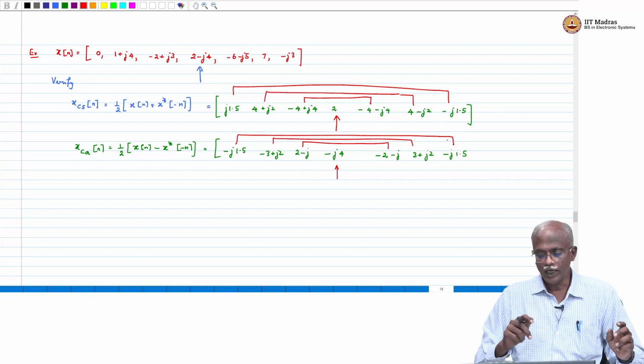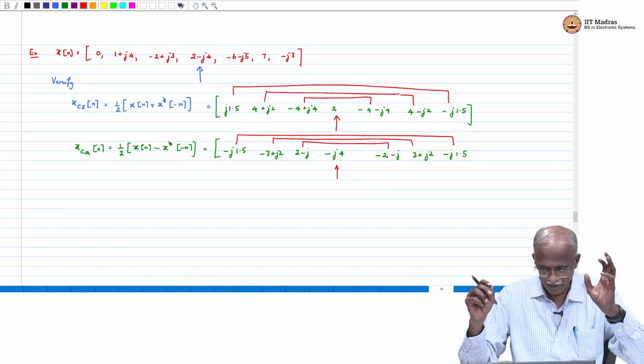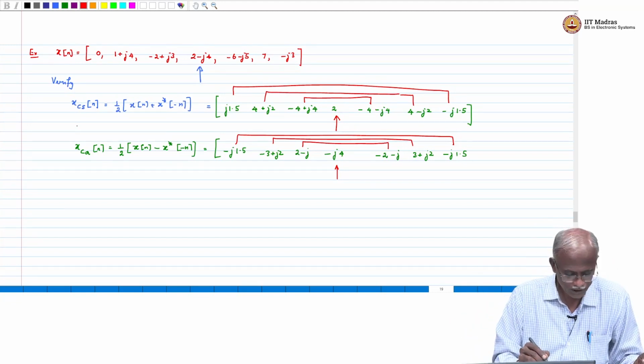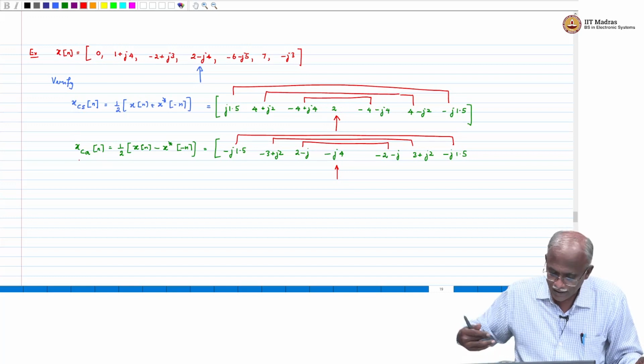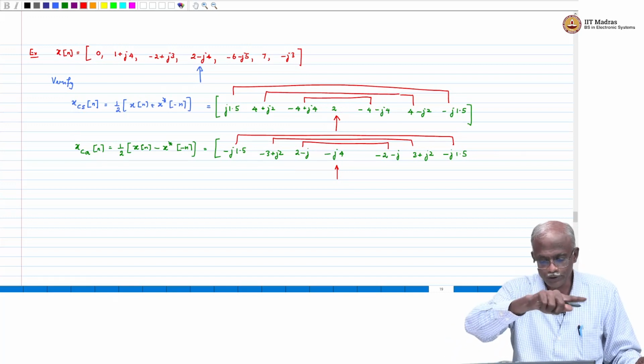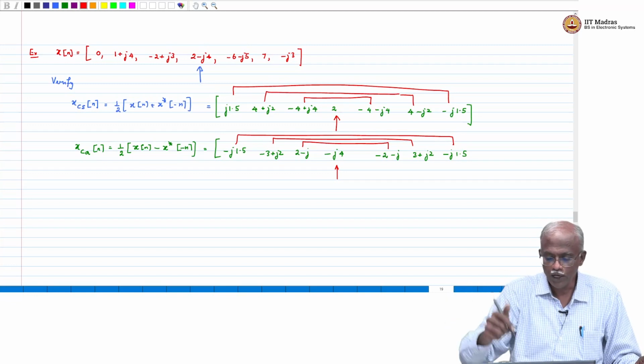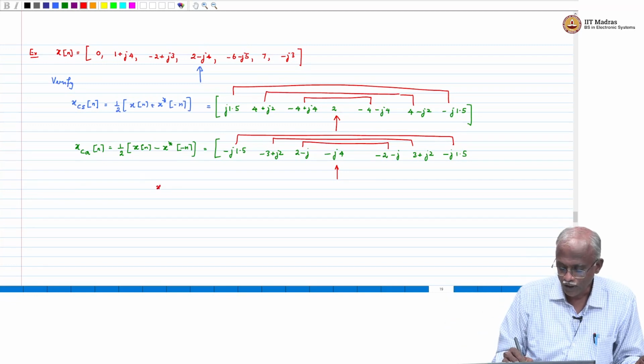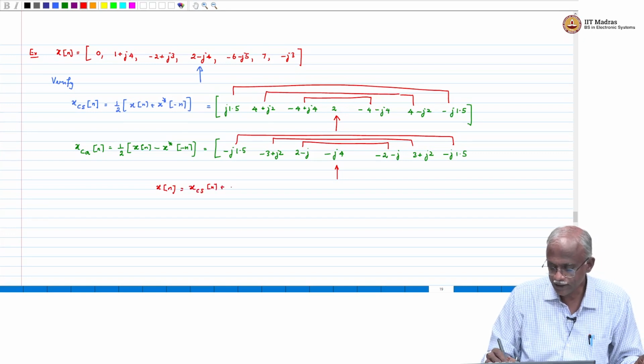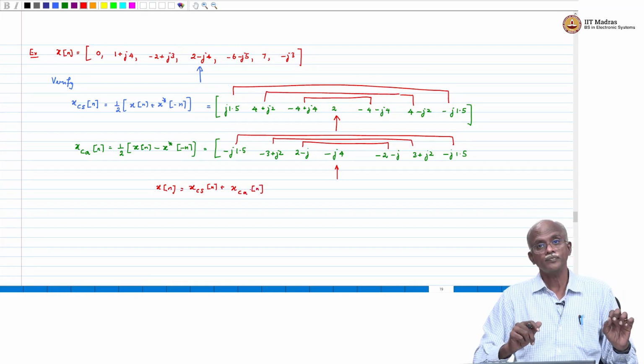Okay. So please verify that we have satisfied the conditions for conjugate symmetry and conjugate antisymmetry, and then if you add these two together, you should get back the sequence that is on top. So verify that also, that x of n is equal to the conjugate symmetric sequence of n plus the conjugate antisymmetric sequence of n. Okay.